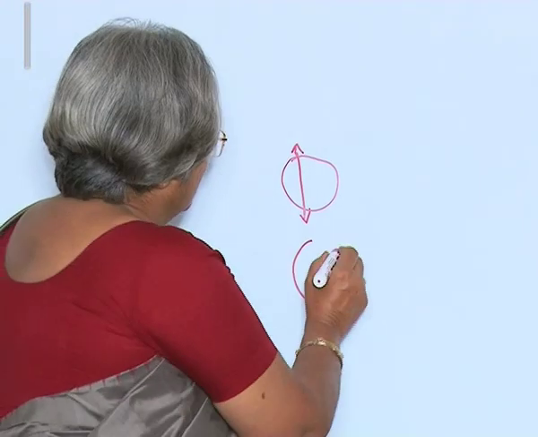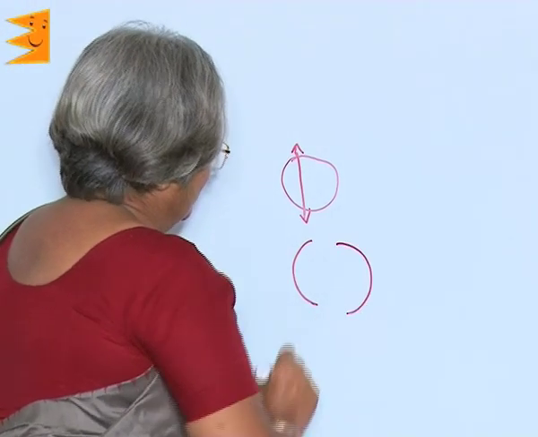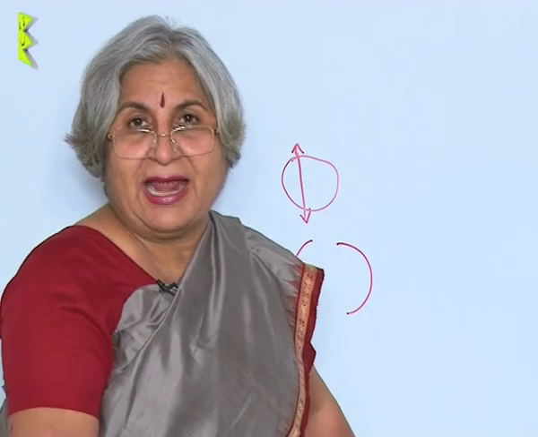The other part is like this. Now, aren't these concave and the convex? Similarly, there are mirrors which are concave and convex. Now, let us study how the images are formed in a concave mirror and in a convex mirror.